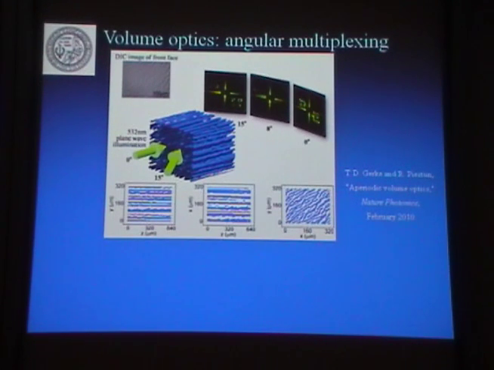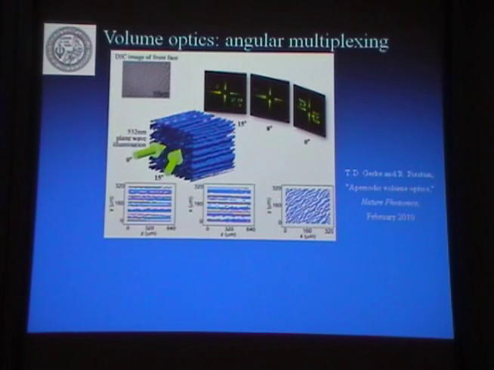And this is the first experiment of this volume optics. So here we have, again, we use the femtosecond laser in glass. This is a DIC image of the front face. This is a representation of the index modulation. And these are cross sections of this along YZ, XZ, YX.